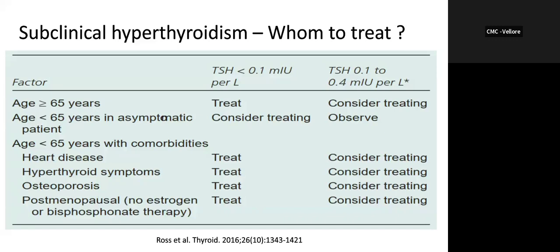They always say consider treatment or treat, but heart disease and osteoporosis are the strongest indicators for treatment if there is suppressed TSH and T4 is normal and the patient is less than 65. More than 65, most of the time it talks about treatment, but again this is extremely uncommon. The reason, I'll tell you, is most of the time there will be some medication interference, maybe excess thyroxine intake.